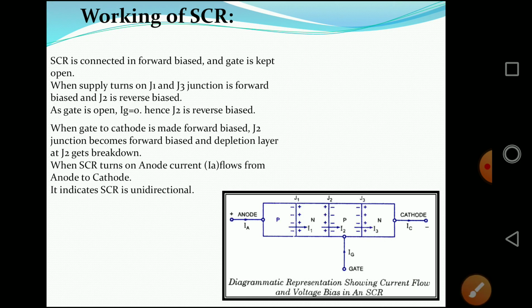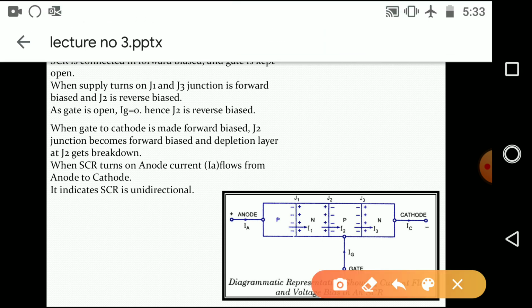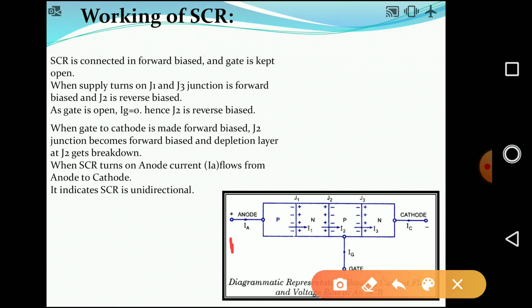Next is the working of SCR. To make the SCR turn on, we give a supply connected from anode to cathode. Here the anode is connected to positive and the cathode is connected to negative, and the gate is kept at 0, that is, there is no supply connected at the gate terminal.